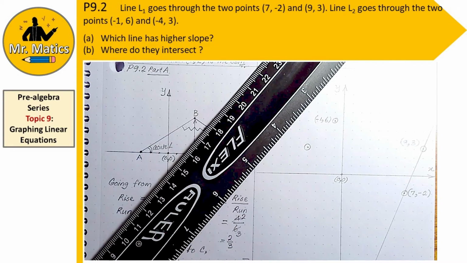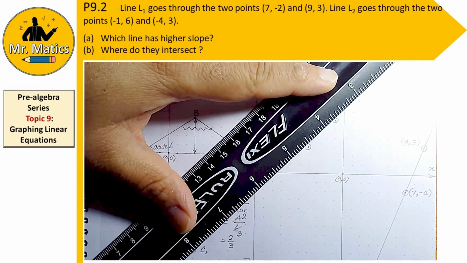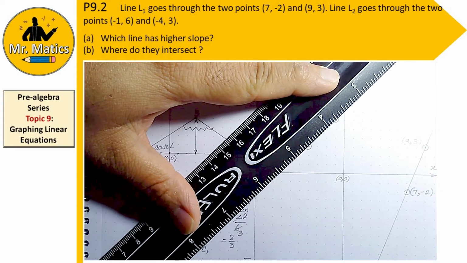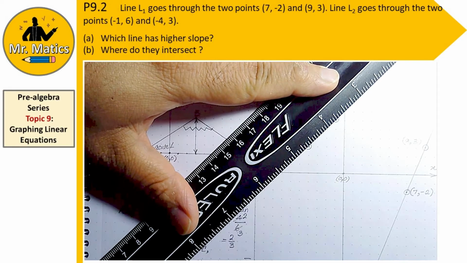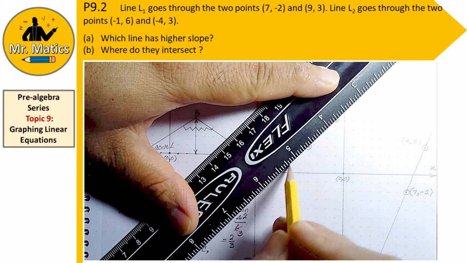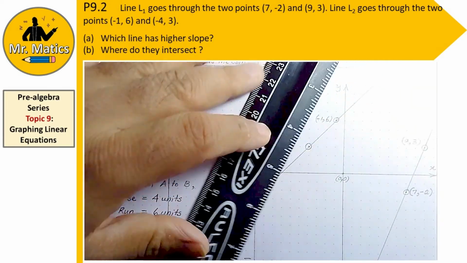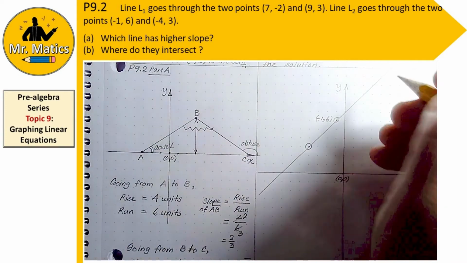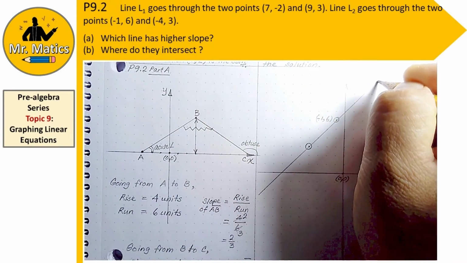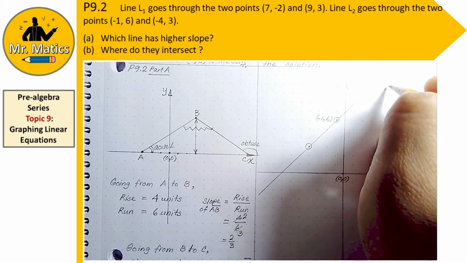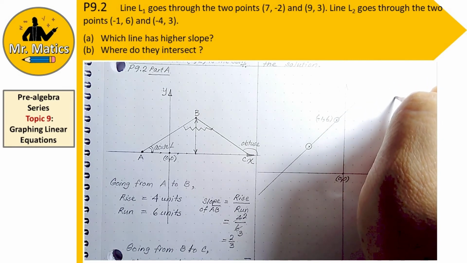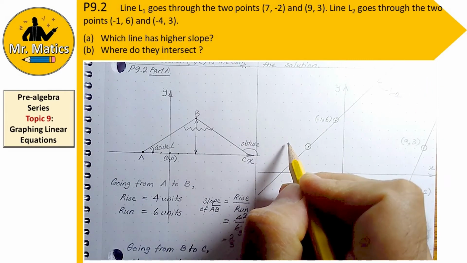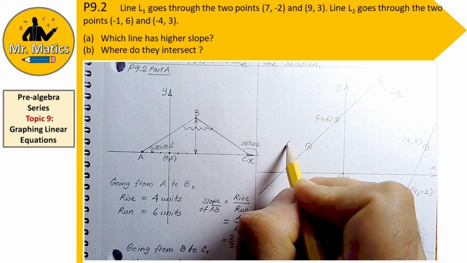So this is L2. Let's name the point -4, 3.